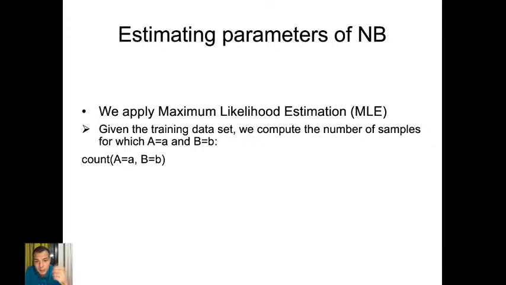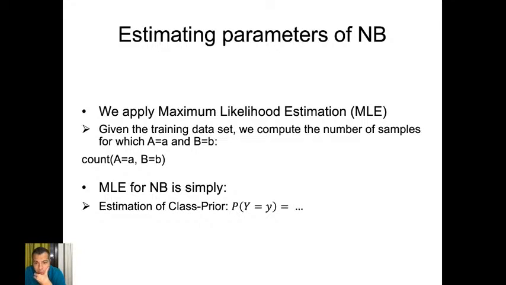So assuming that the data is already in categorical form, we just compute these counts: how many times a feature has a certain value and the respective data sample belongs to a certain class. Once we estimate these counts, we divide them by the number of examples in the dataset, and we obtain some probability, and this is maximum likelihood estimation.